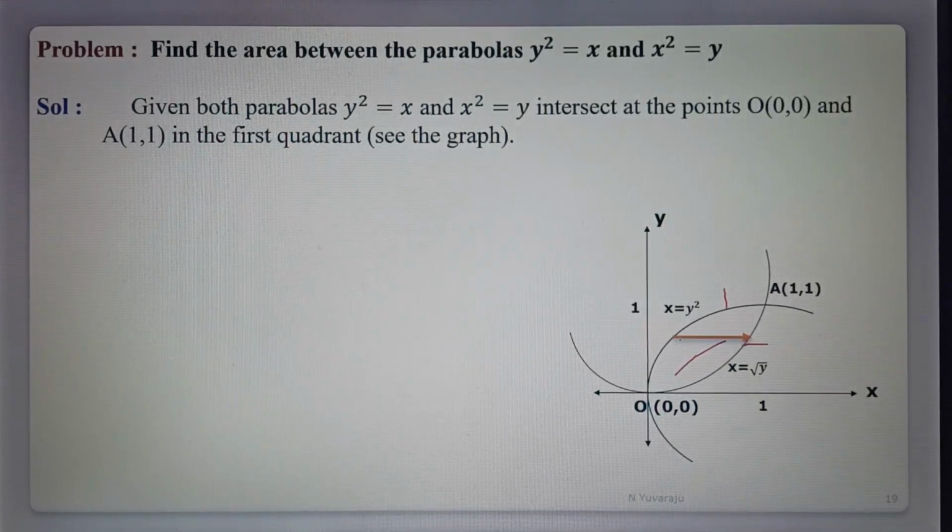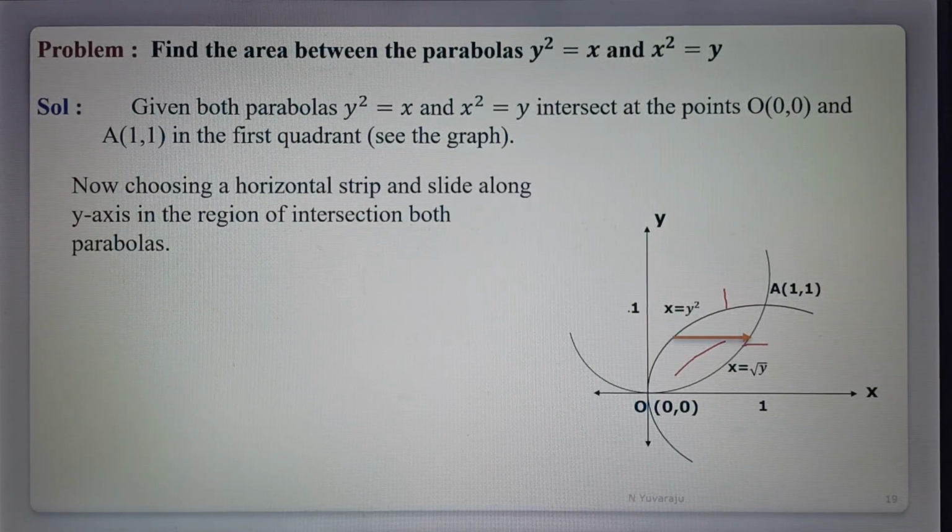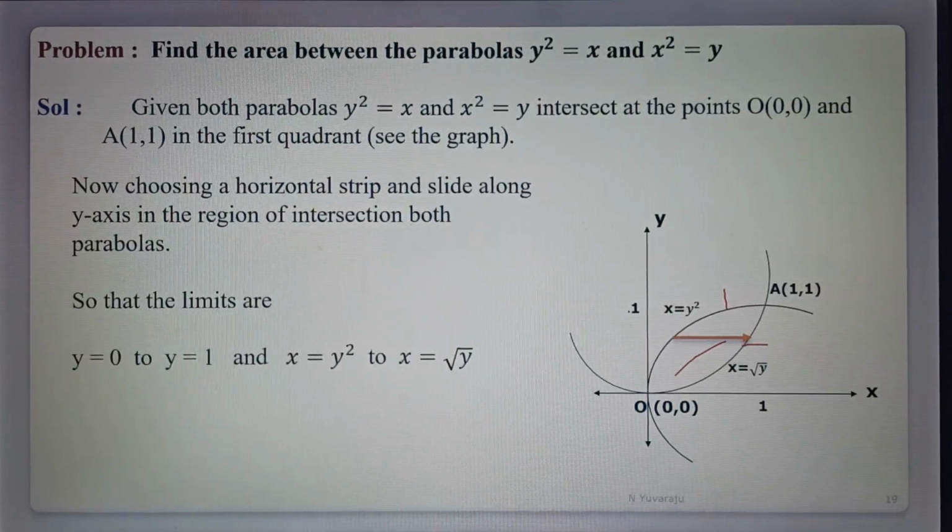The strip's starting edge on the left side is the curve x is equal to y square, and the ending edge on the right side is the curve x is equal to root y. So the x limits are y square to root y. These are the limits of the given region: y is equal to 0 to 1 and x is equal to y square to root y.